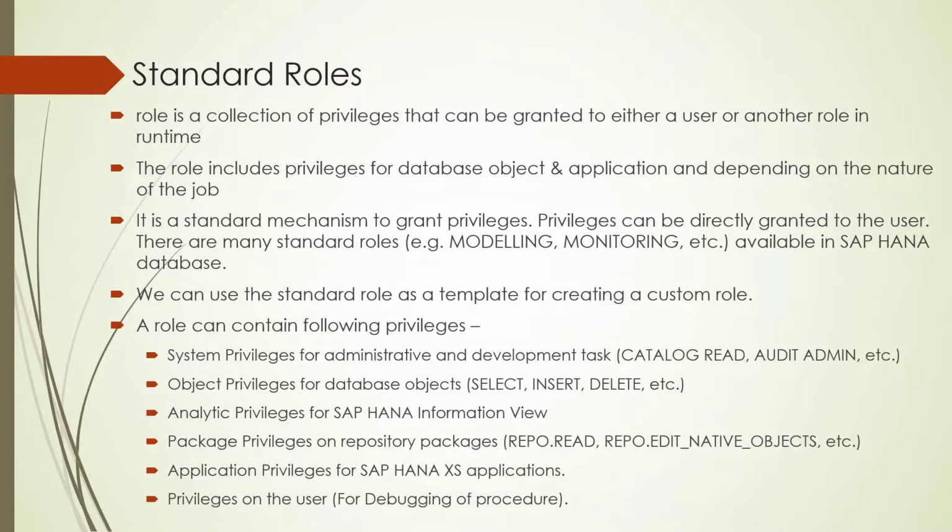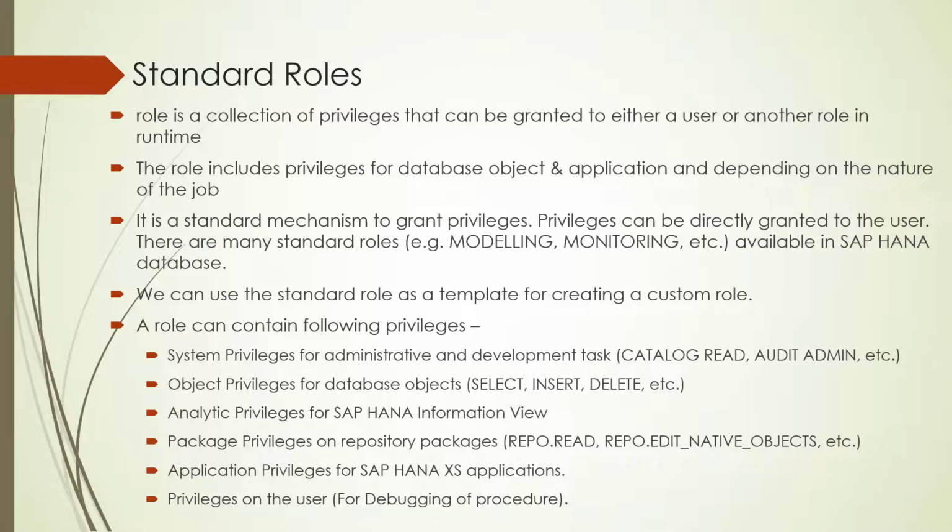Roles. We have standard roles in the HANA database. What are roles? Roles contain the privileges and authorizations. SAP has provided the standard roles, and the security team can create their custom roles as well.